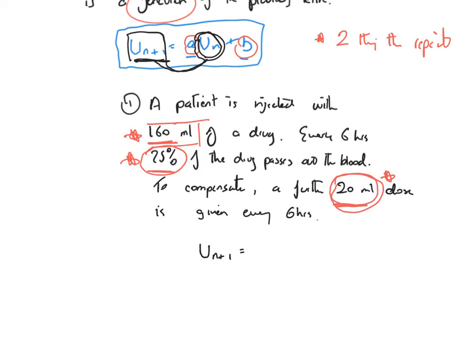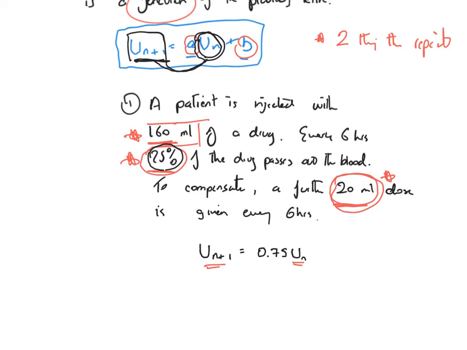If 25% passes out the bloodstream, how much remains in the bloodstream? Well, that would be 75%. So that's 0.75 u(n). The next time out, there's 75% of that because 25% has passed out of the bloodstream.